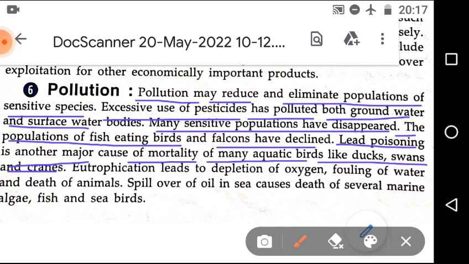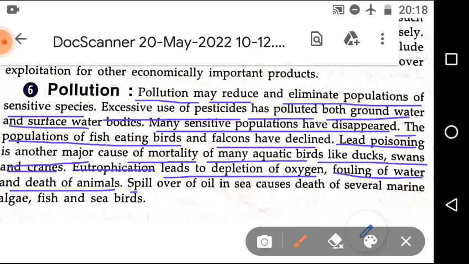Eutrophication is another issue. It leads to depletion of dissolved oxygen in the water, fouling of the water, and death of the animals. Then the oil spill. Remember, oil spillage occurs. Those from the biotech background know very well.